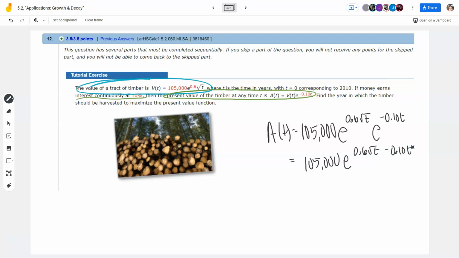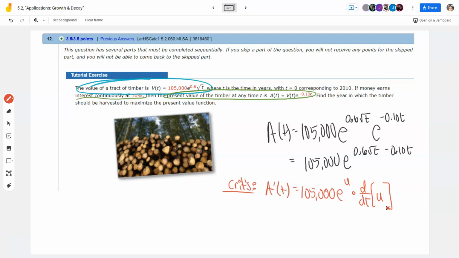Actually, it's not bad if I write it here. I think that'll make it easier for you guys. Then we have to go looking for crits, and to go looking for crits, for that whole maximizing idea, we would want A prime, which would be 105,000 e to the u times u prime.